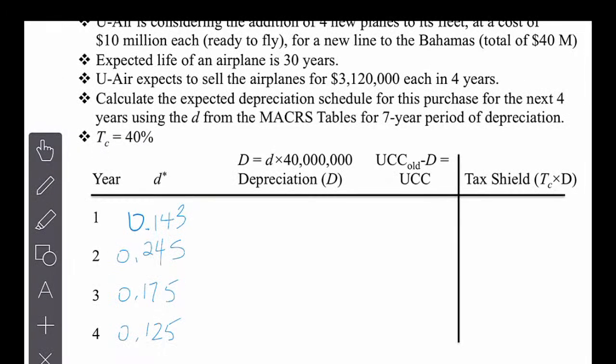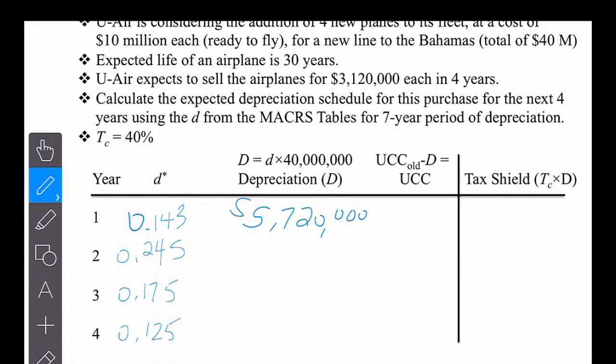All right. And we're going to go across. So when you do that, you compute 5,720,000.